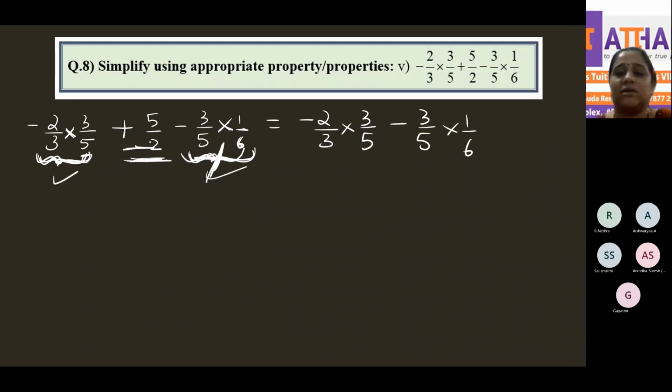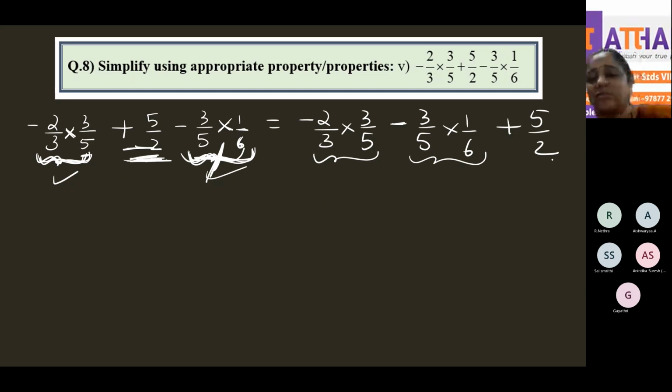Then write this one, plus 5 by 2. Does it make sense, children? Rearranging? Yes, ma'am. So first write this one, minus 2 by 3 into 3 by 5. Then take this as the second part, minus 3 by 5 into 1 by 6. And then this one which stands alone, plus 5 by 2.